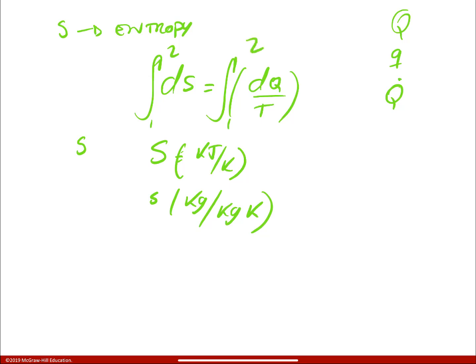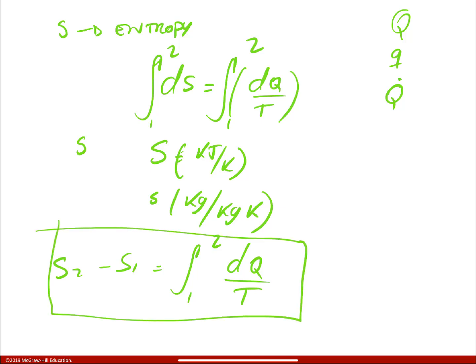I'm going to get that S2 minus S1 equals the integral from 1 to 2 of dQ over T. This is my equation for entropy change, again in kilojoules per Kelvin. So we have defined the change of entropy instead of the entropy itself.